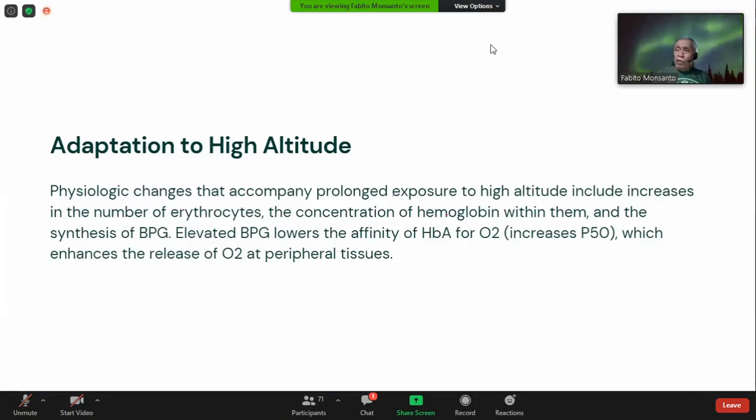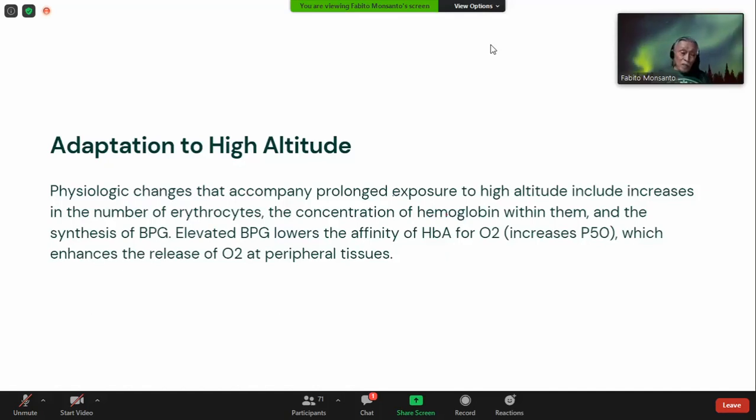What is the physiologic remedy of this, when you are staying at a high altitude or on a mountain? The physiologic remedy would be to increase the number of erythrocytes. Okay, that's it. So that's why you will have an increased production of RBC, no?